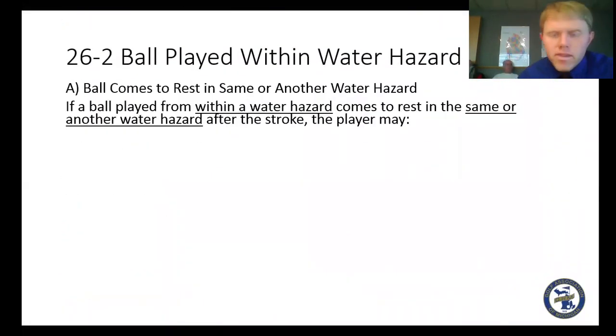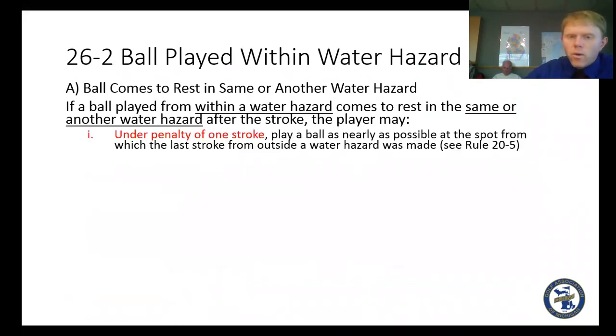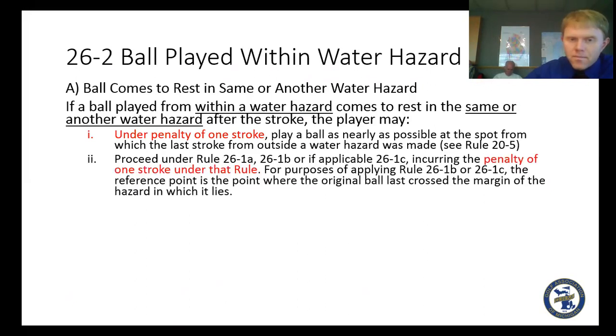Ball played from within the water hazard. So a ball comes to rest in the same water hazard or another water hazard. The ball played starts in the hazard and comes to rest in the same or another hazard. After the stroke, the player may, under a penalty of 1 stroke, play a ball as nearly as possible at the spot from which the last stroke from outside the water hazard was made. So that's completely leaving the hazard.